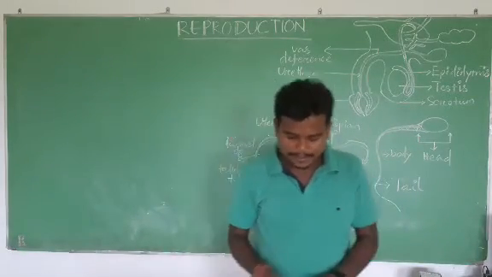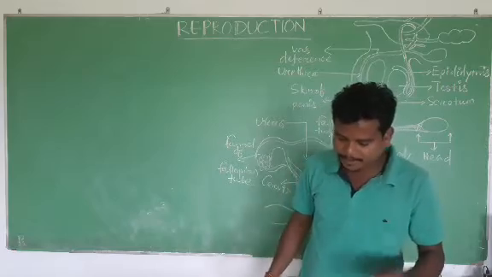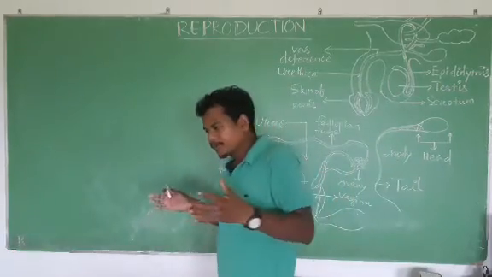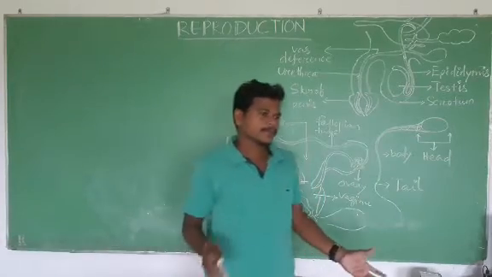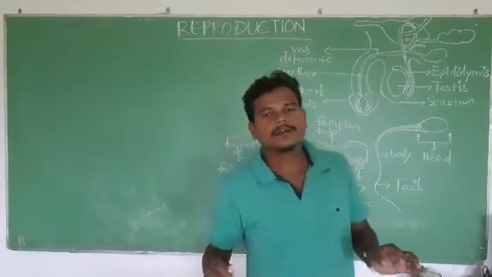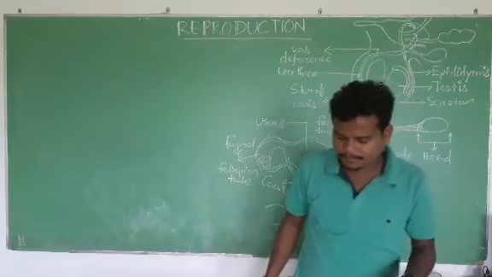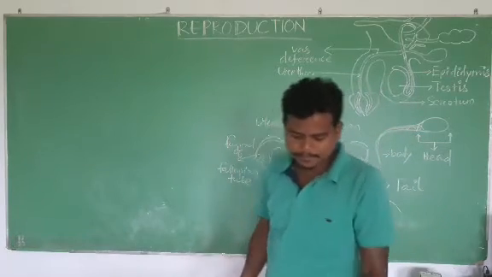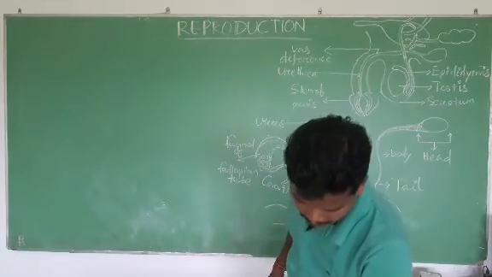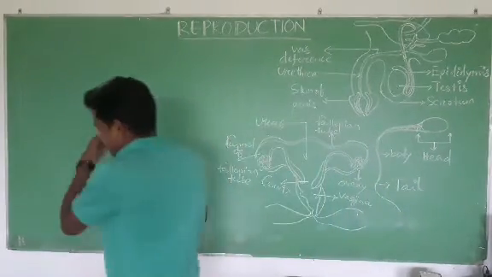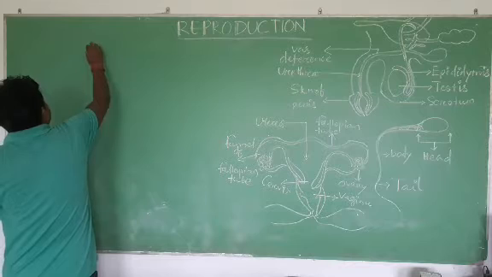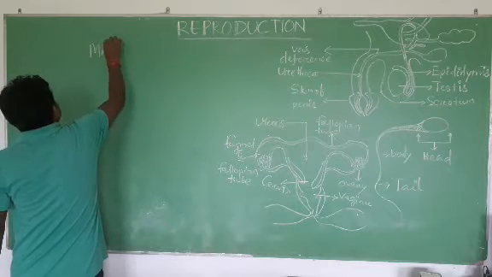So to understand how reproduction takes place in a man and how the baby becomes similar to their parents, we will first see the reproductive systems of male and female. First we will come across the male reproductive system.